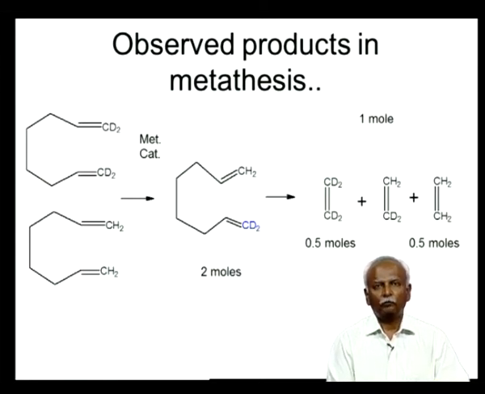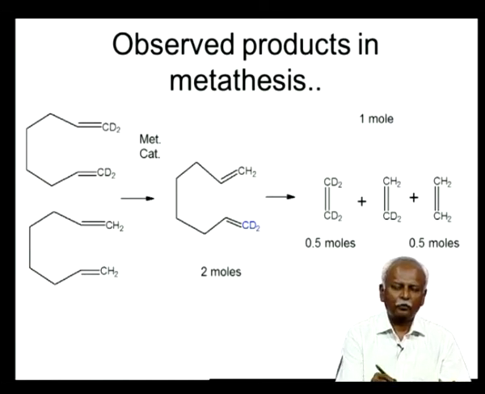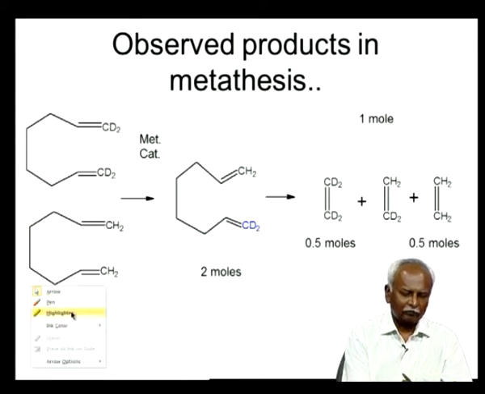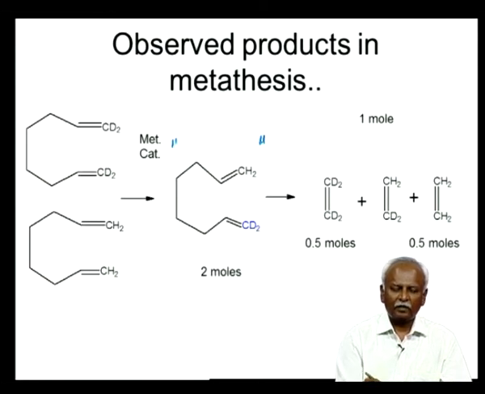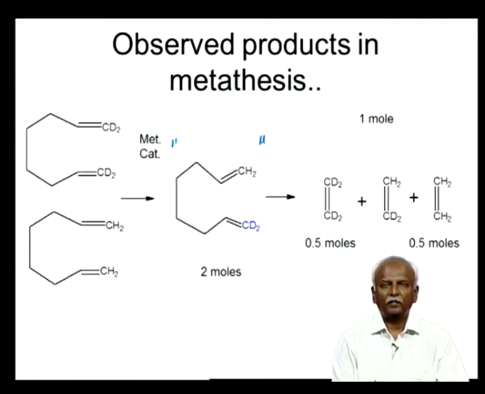And what one found out at the end of the reaction was that you got only 0.5 moles of CD2=CD2 and 1 mole of CH2=CD2, surprisingly. Now, this can happen only if you interchange the two reactants, you mix them together, and so it looks as if you go through the intermediacy of a compound where this is also formed in the reaction pathway.